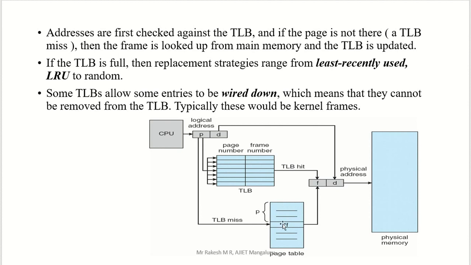From the page table we search for that number and send it to memory as a physical address. At the same time, we update that page number and frame number in the TLB buffer also. Here F is the frame number, which we send to main memory. Here D and D are the same. That is the concept of TLB, a very important concept.